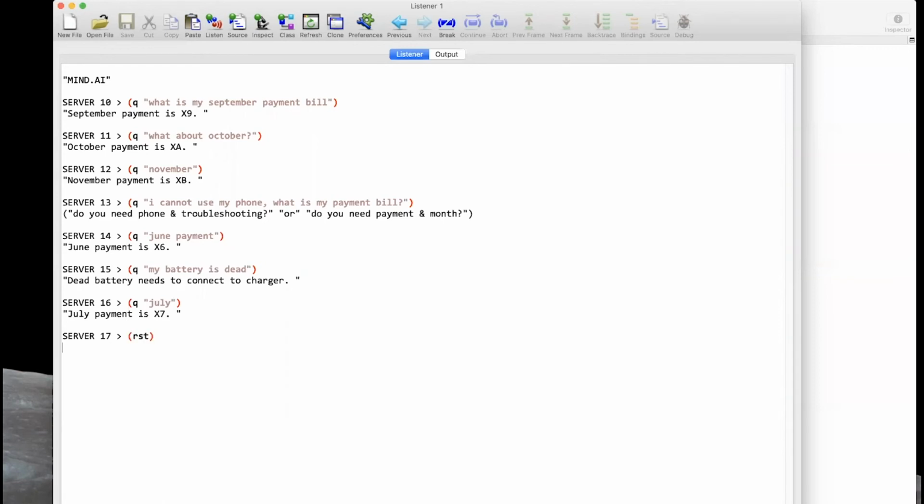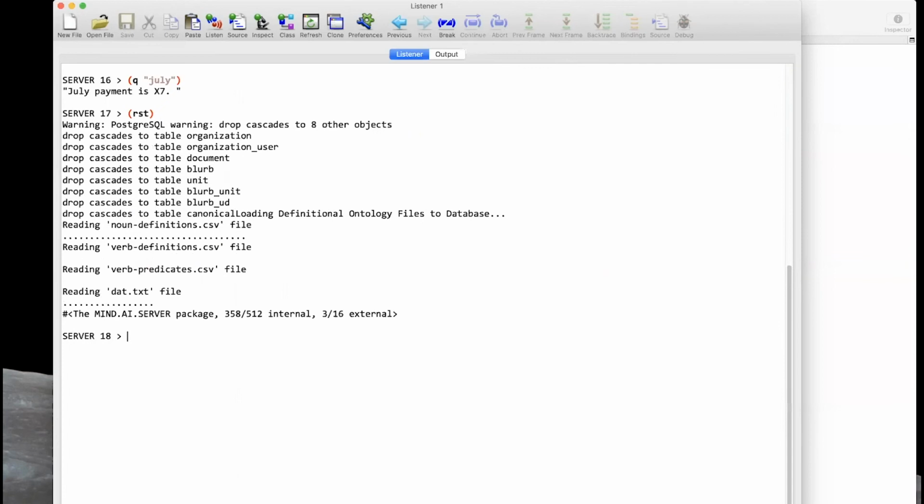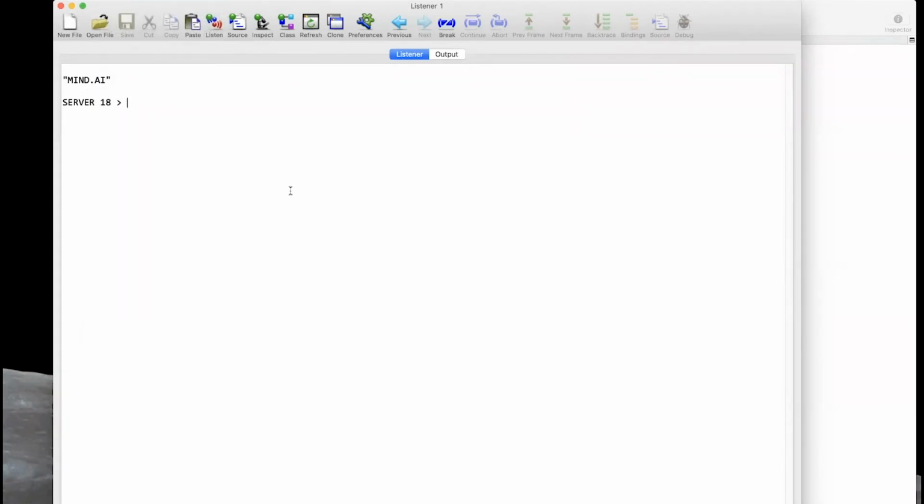So, okay, now let's clear the memory and show how it can handle adaptive learning and contextualization again. Okay, note now that we have cleared the memory of all these session contexts. So we don't know we're in the payment context. And then we're going to ask the question, what is my January?